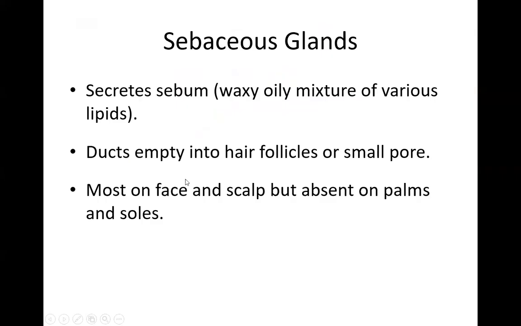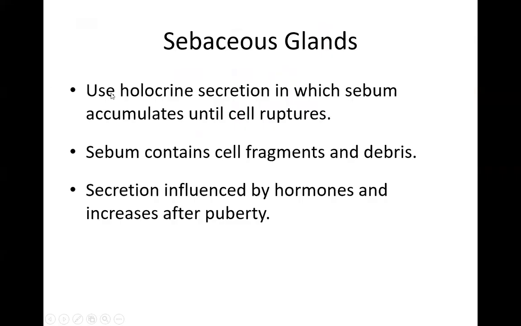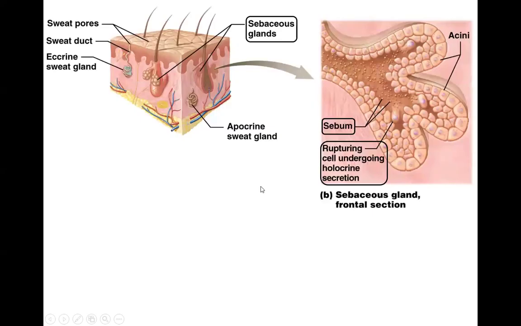Most are found on the face and the scalp, but are absent on the palms and the soles. They use holocrine secretions in which the sebum accumulates until the cell ruptures. The sebum contains cell fragments and debris, and the secretion is influenced by hormones and increases after puberty. This is the sebaceous glands. These are the apocrine glands.